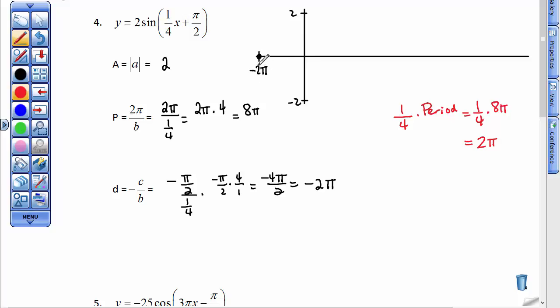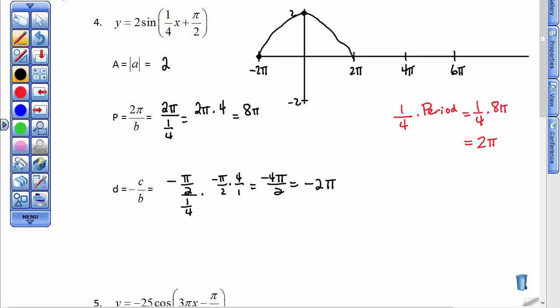So look, we're at a negative 2 pi. So I know that the topping out point for the sine curve is right here. And the next point is right here. And the next point is right here. And the next point is right here, because a quarter of the period is 2 pi. So I want to go from here to my x value of 0.